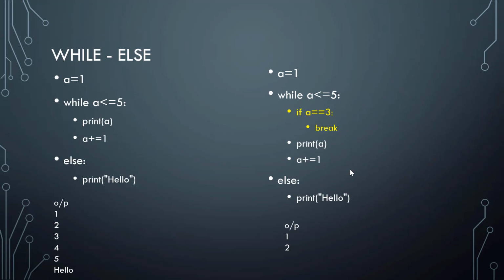Okay, so let me tell you a small program on while loop, while with else, and then with break also we'll see. Demo 59 underscore while else one, while with else suite.